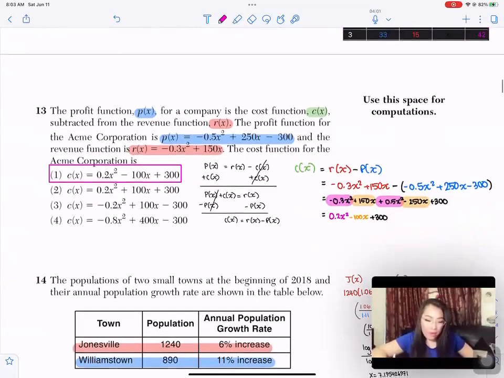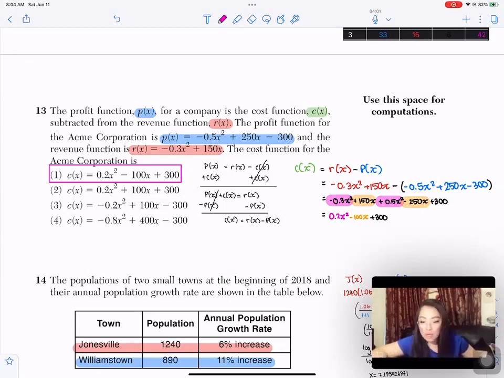Okay. Profit. If you remember in class, it was like at the end of adding and subtracting polynomials. And one of the questions was profit. And it's because of this question. So you have to know, I don't know if they tell you, they do, but they do tell you that the cost is the difference from the revenue and the profit. So what you had to do is subtract the two.